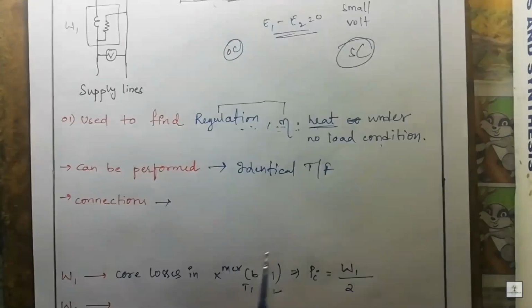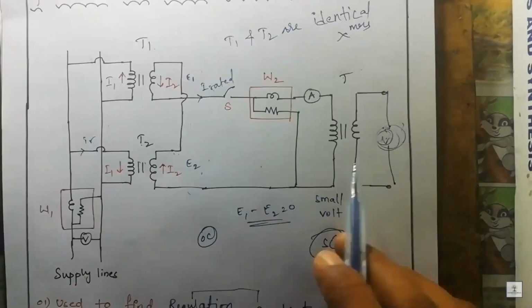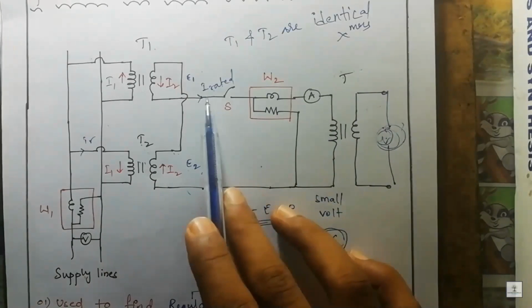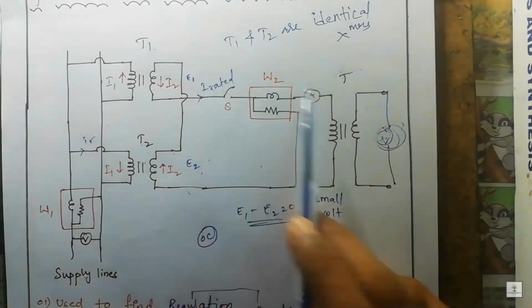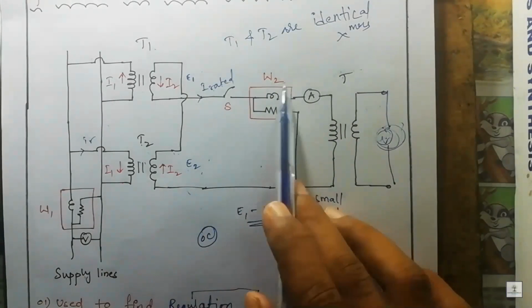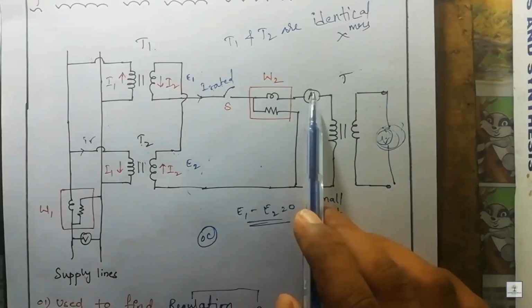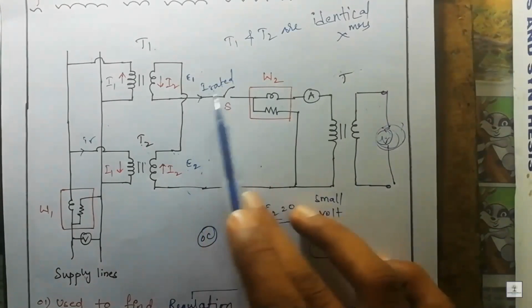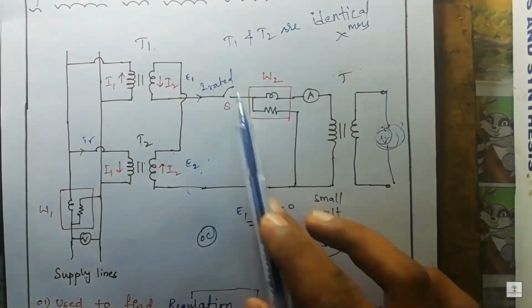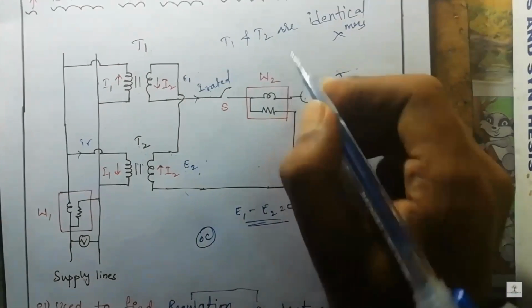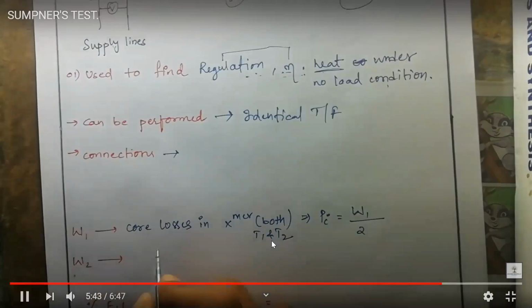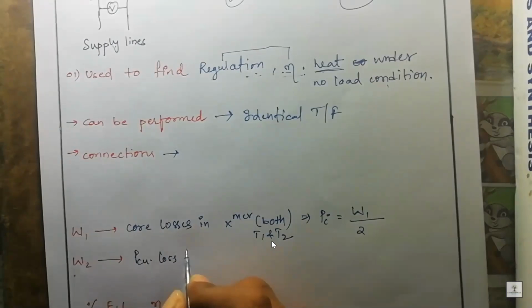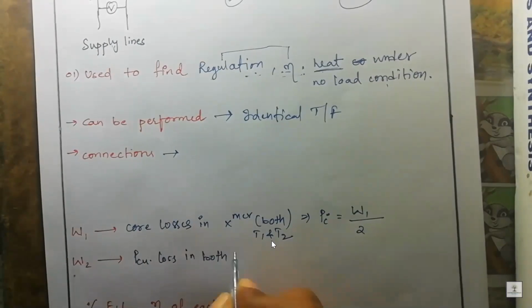Now after giving some voltage by this transformer, as rated current is flowing, there will be a power reading across this wattmeter, and an ammeter is used to measure this rated current. So now we get some reading. This W2 reading is nothing but the copper losses in both the transformers.